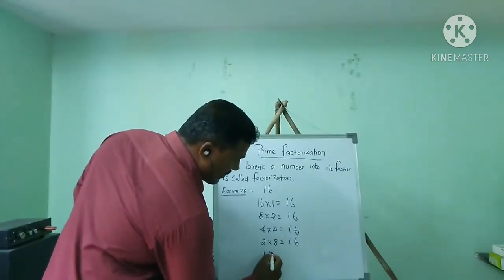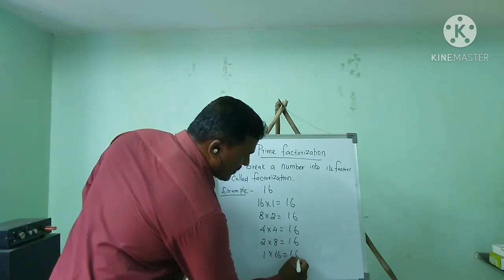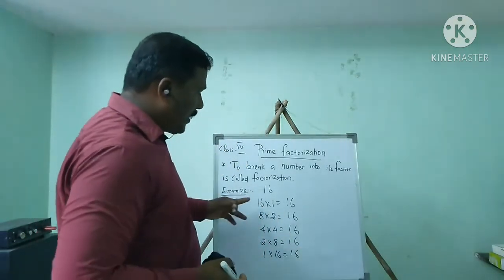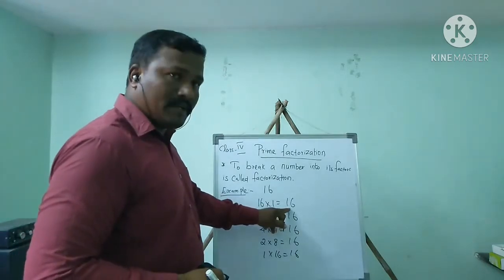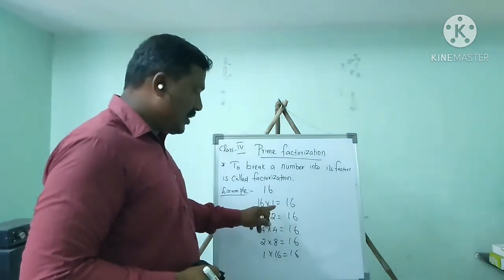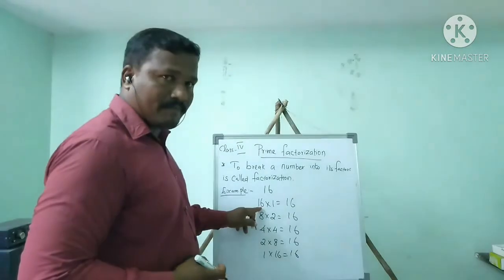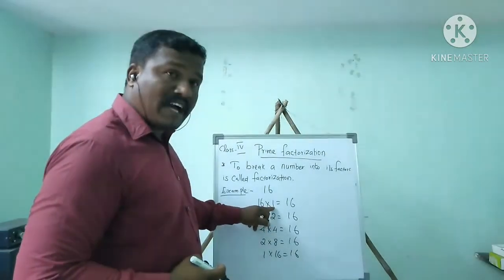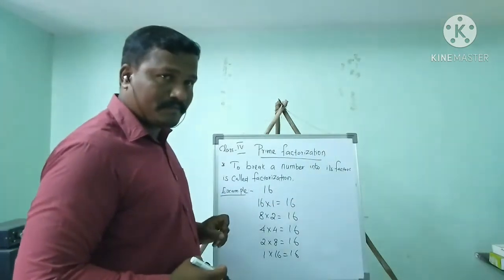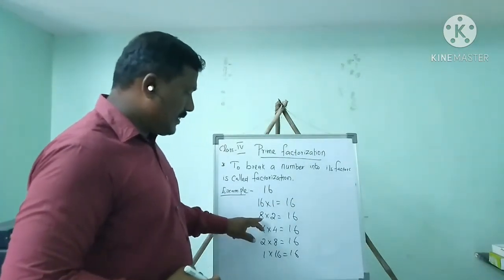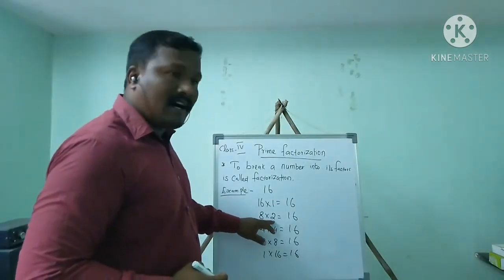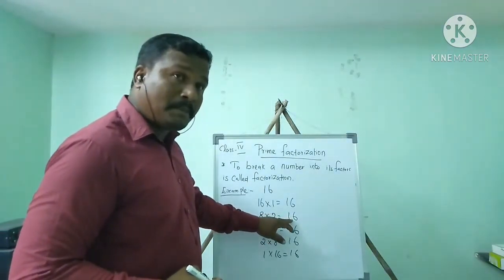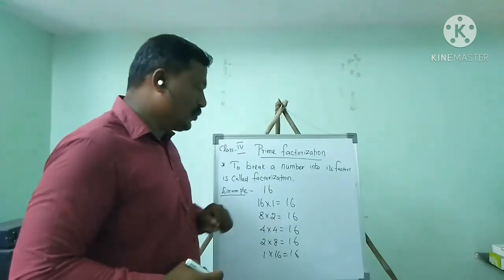Then 1 sixteen is equal to 16. Now see, 16 is a multiple of 1 and 16. 16 and 1 both are factors of 16. Here 8 and 2 both are factors of 16. 16 is a multiple of 8 and 2.